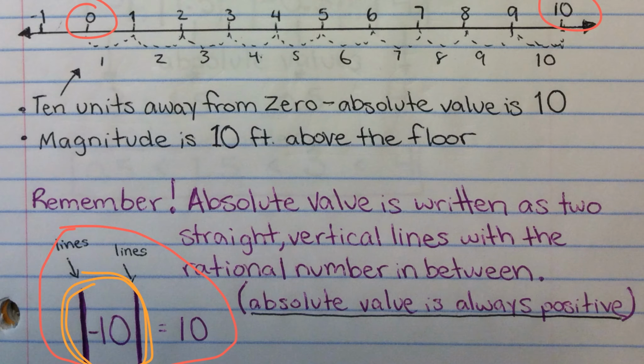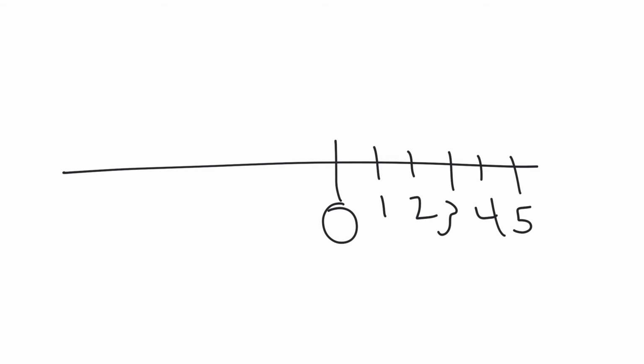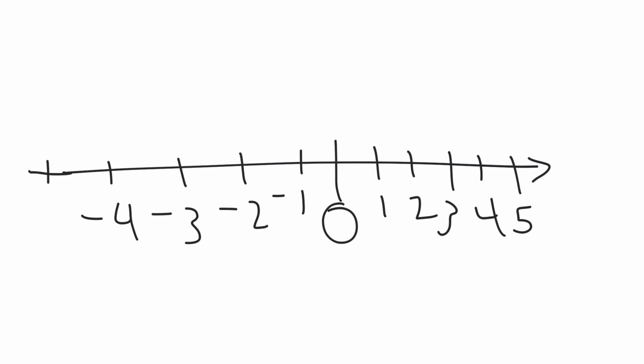Let me come off to the side here and show you an example of the way we would do it with negative integers. So if we've got a number line here, we've got 0, 1, 2, 3, 4, 5, and so on. Over here we've got negative 1, negative 2, negative 3, negative 4, and let's say negative 5.